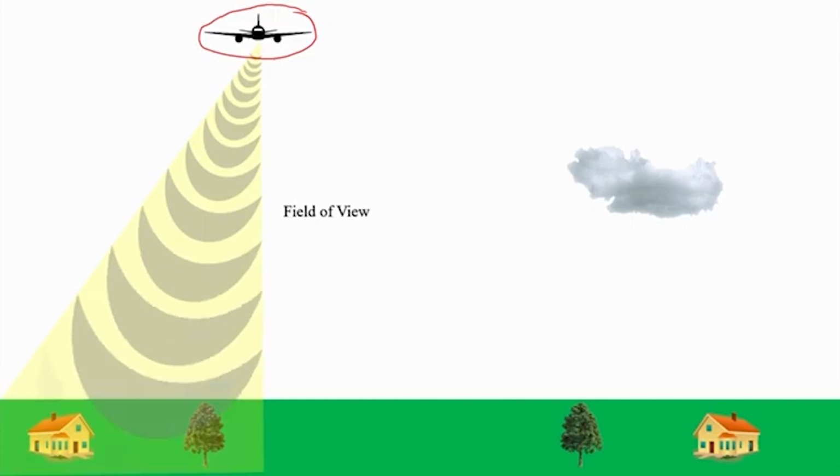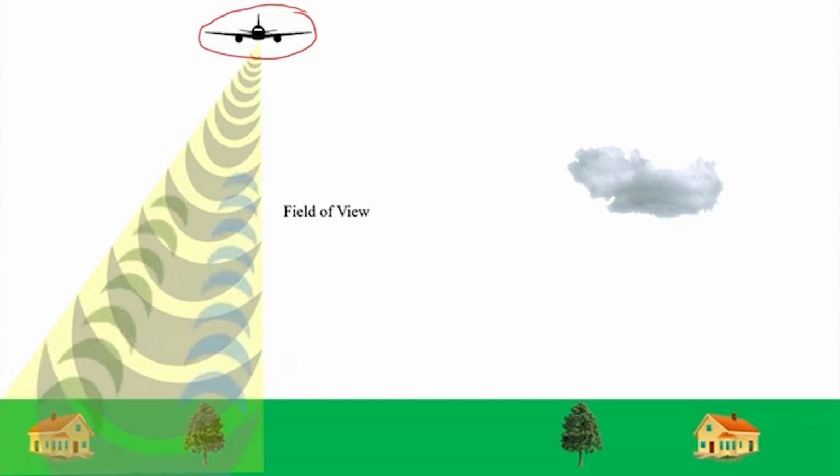Now here is another example where active and passive sensing will be very clear. This is my field of view. Let us assume this particular flight is carrying the microwave radiometer, which is active. In active, what will happen? We will illuminate the surface. The object which is nearer and receives the pulses will immediately back scatter first.